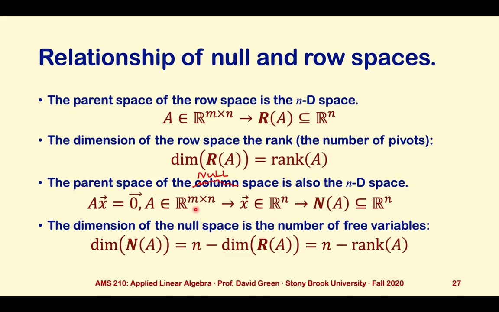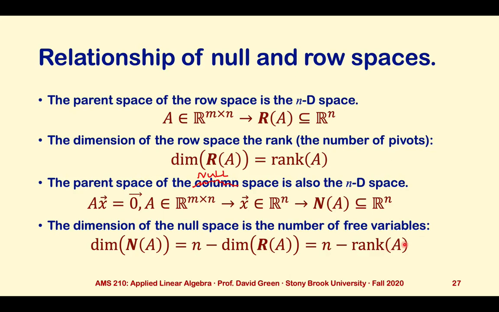If X for AX equals 0 is an n-dimensional vector, then all solutions to this system must be in Rn. The null space is a subspace of n-dimensional space. The dimension of the null space is the number of free variables. The number of free variables is simply the number of variables n minus the number of pivots, the dimension of the row space, or n minus the rank.